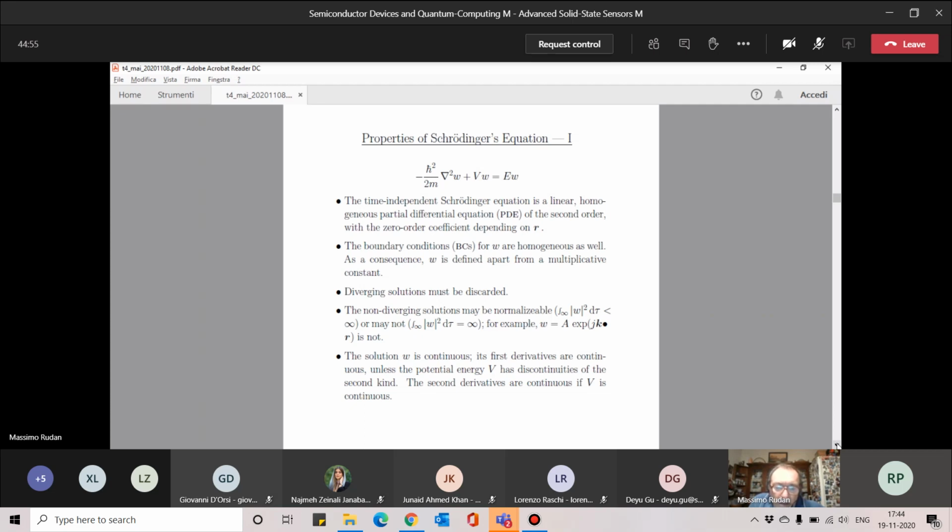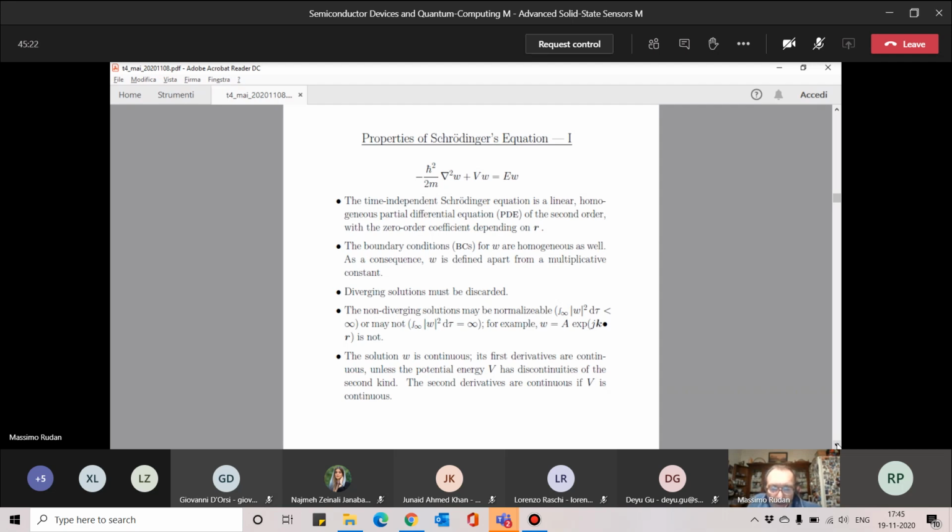So if this integral does not diverge, so if it gives some finite positive number, then the wave function can be normalized. So we can rescale the wave function in order to obtain that this integral is equal to 1.